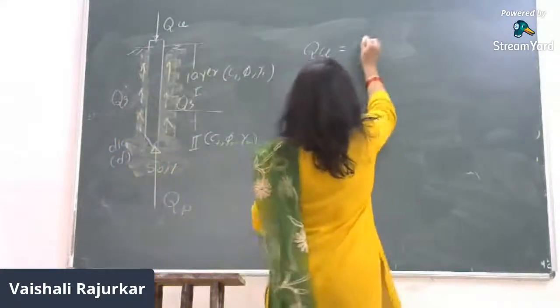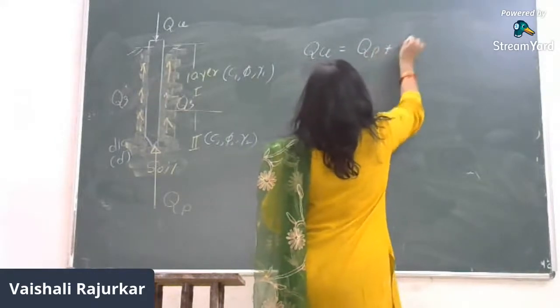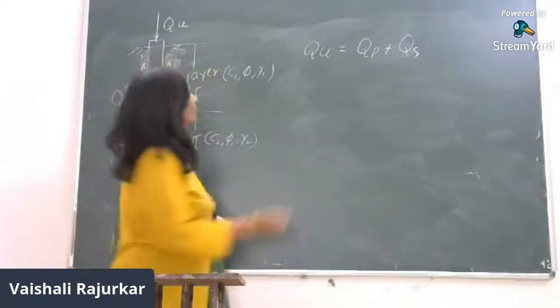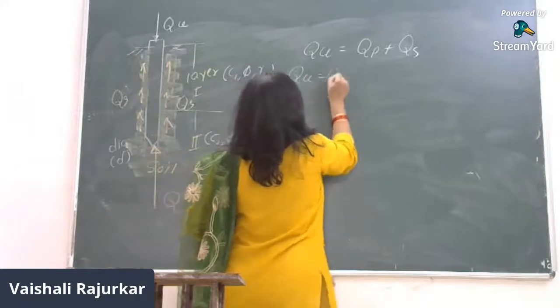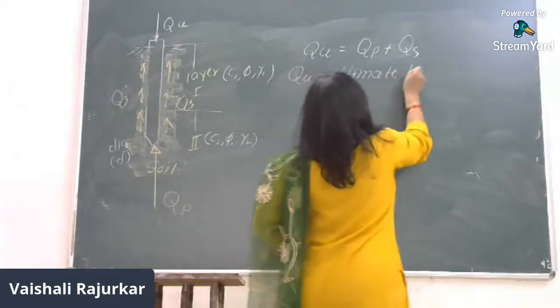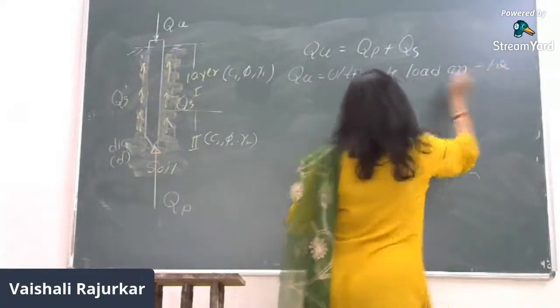So here the first one is QP and the other one is QS. Now what is QU? QU is the ultimate load on the pipe.